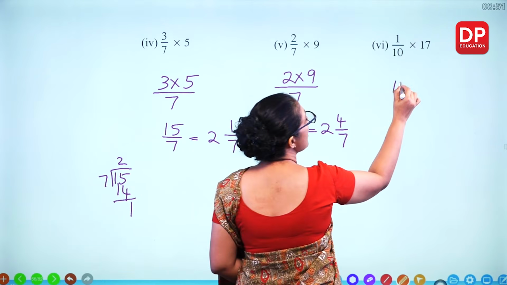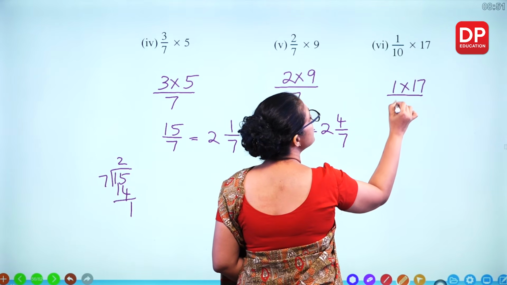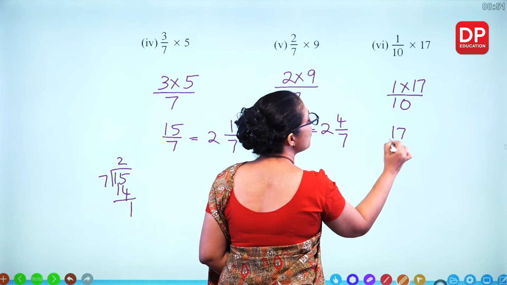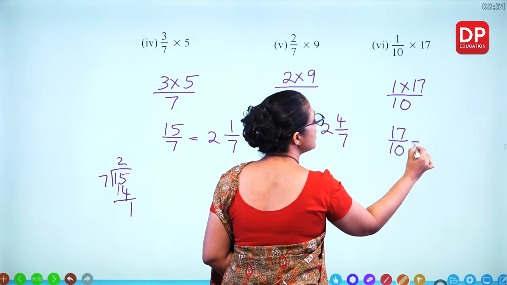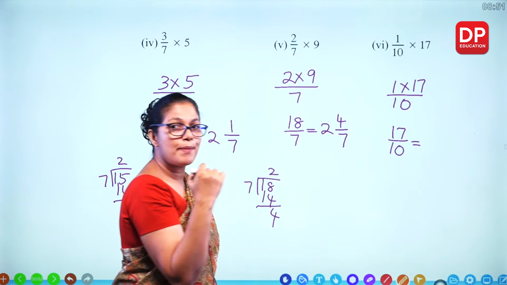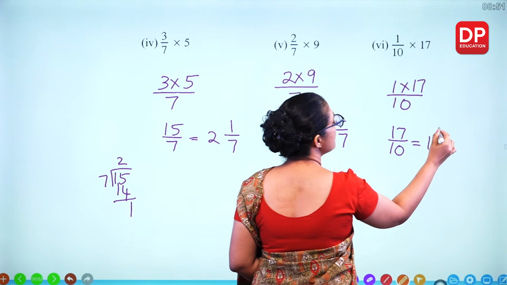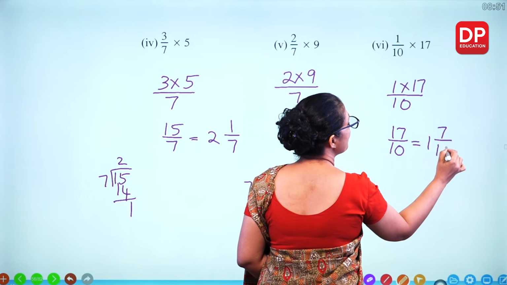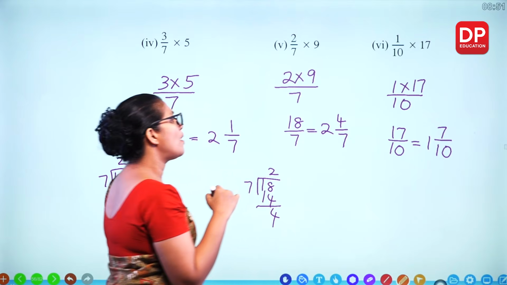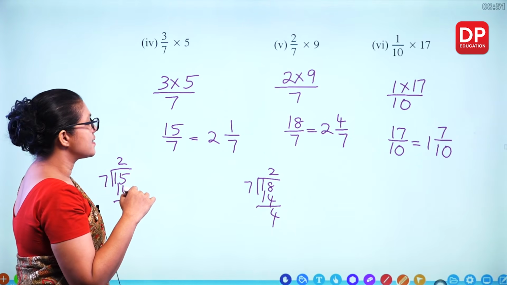This one, 1 times 17 divided by 10. 17/10. Convert to a mixed number. Divide by 10. 1 and 7 remaining. 1 and 7/10.